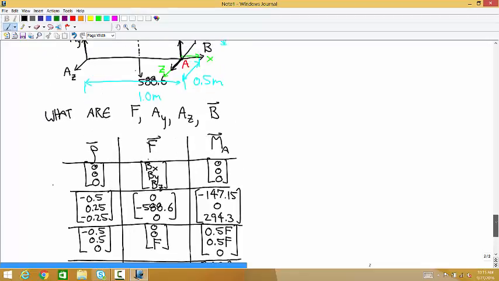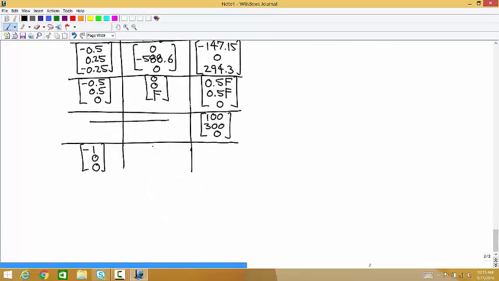The force vector is 0, AY, AZ. And the moment is 0, and then positive AZ, and then negative AY.